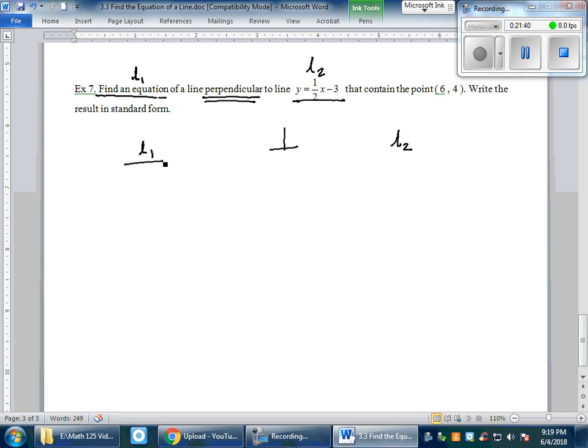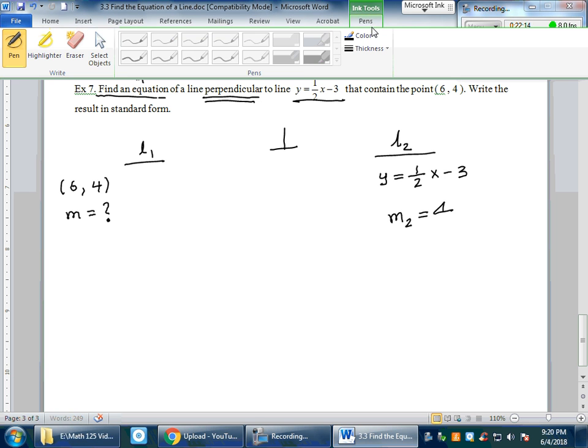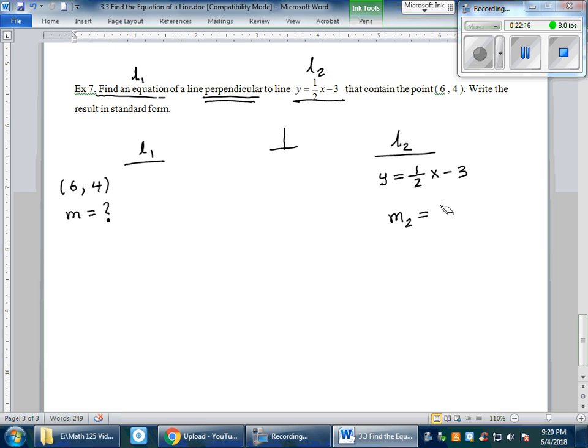So for line 1, we have a point that is (6, 4), and we need to know what my slope is. We don't know the slope. But we know that line 1 and line 2 are perpendicular, so the slope of line 2 we can get from this equation. So the slope of line 2 is 1/2.